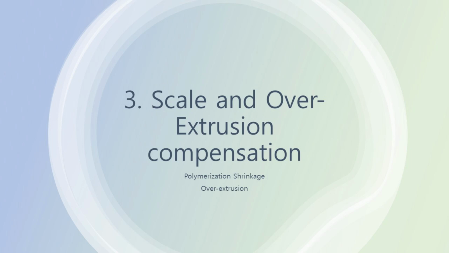Therefore, it's essential to find a balance that considers both these issues, polymerization shrinkage and over-extrusion, to achieve the optimal printing result. In this presentation, we will explore how to identify and resolve these issues, offering strategies for overcoming the challenges of polymerization shrinkage and over-extrusion.